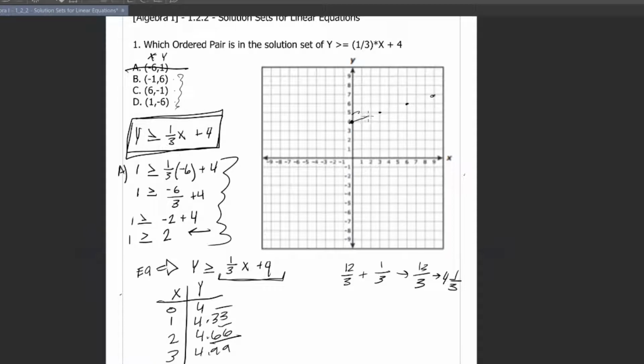So we know our slope is going to look something along there. This happens after you plot out everything, and then you do the same thing backwards.